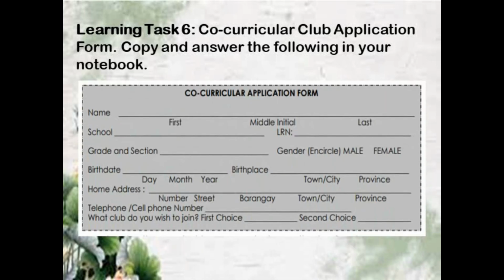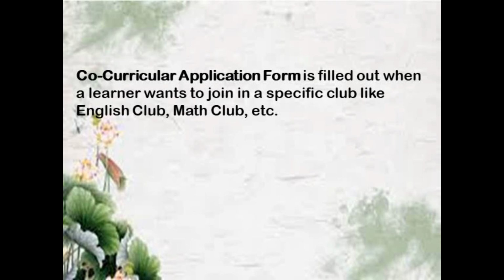Learning Task 6. Co-Curricular Club Application Form. Copy and answer the following in your notebook. The co-curricular application form is filled out when a learner wants to join a specific club like English club, math club, etc.